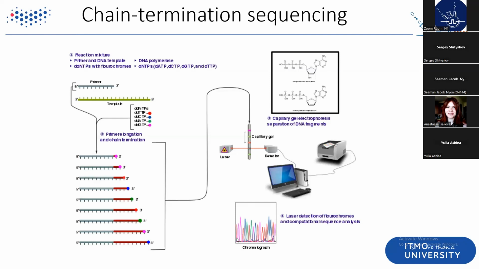This technique was developed by Frederick Sanger. That's why it's called the Sanger chain termination method, and it is widely used to sequence different DNA products.